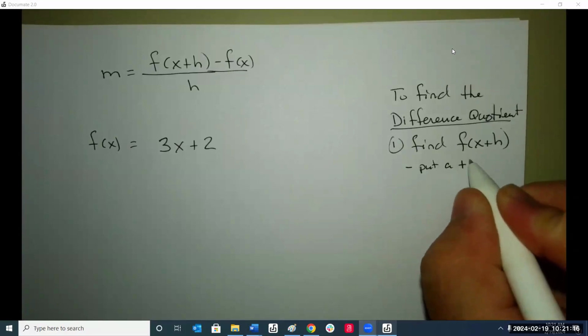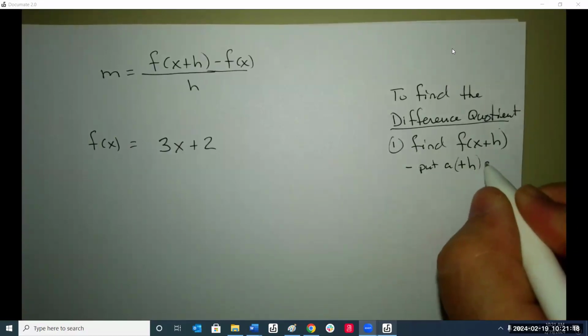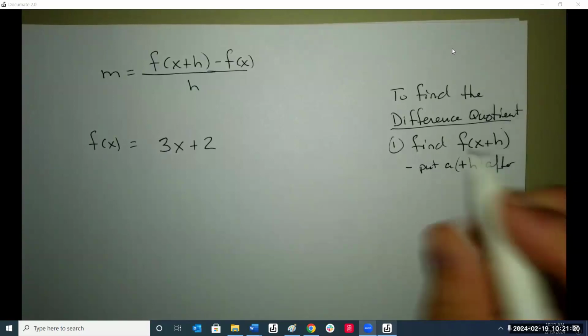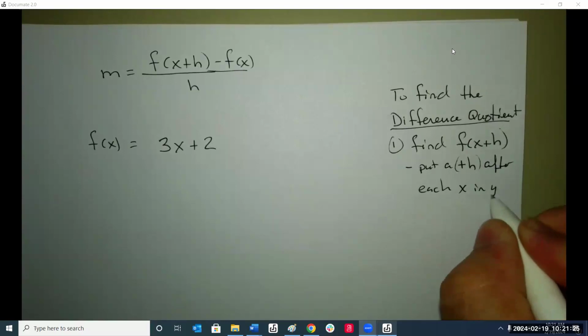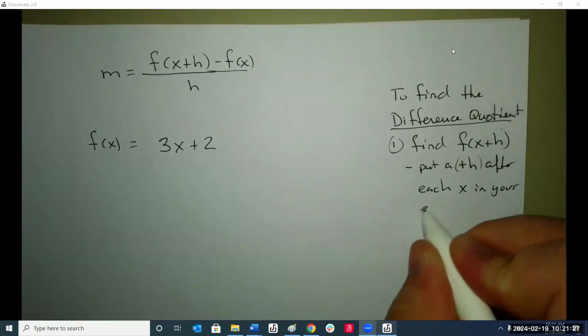Basically, put a plus h after each x in your equation.